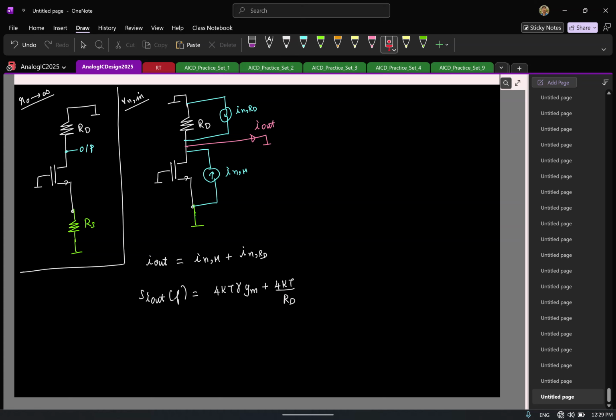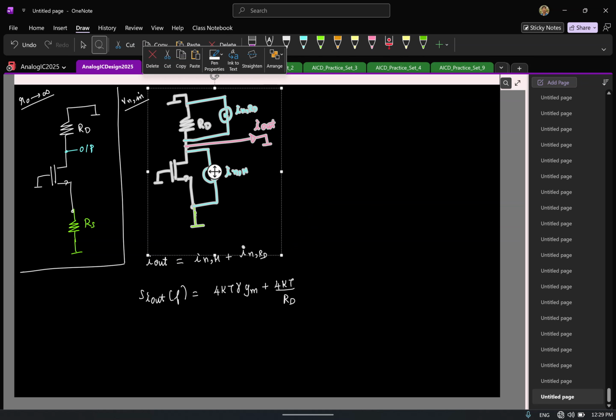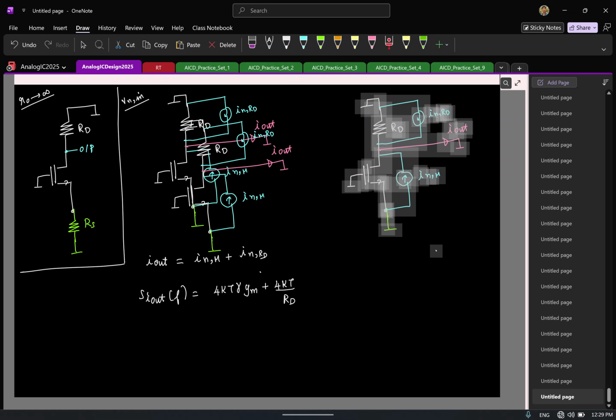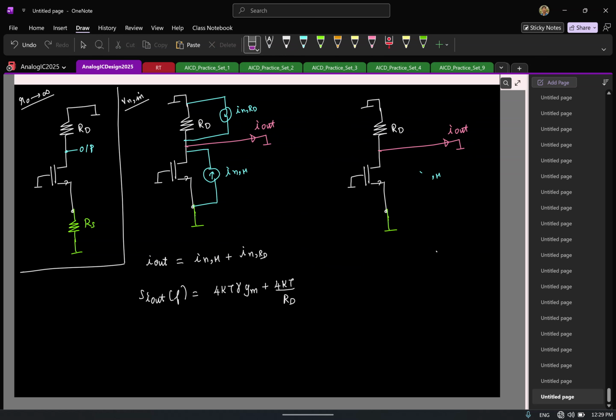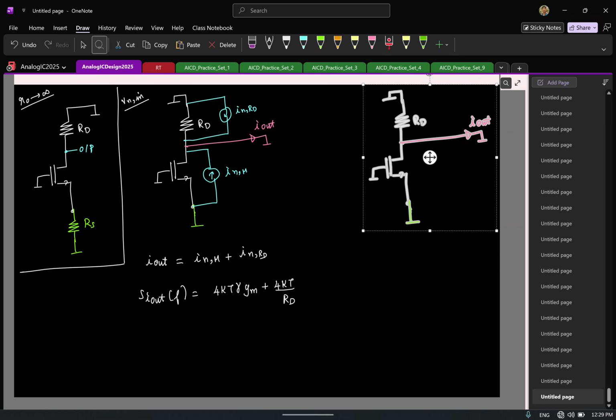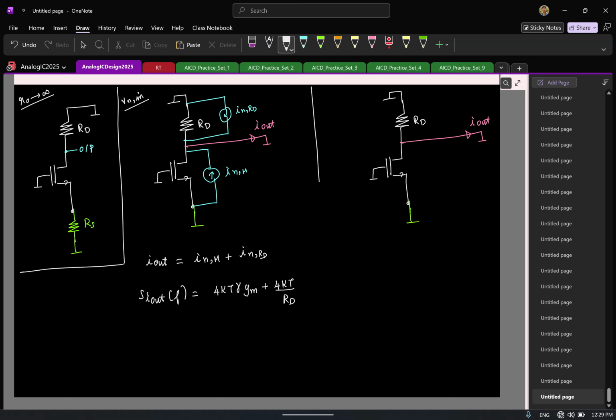Now I just have to find the gain from the input to the output. So let's do that. I don't have to consider the individual noise sources now, because we are going to model the noise using an input referred noise voltage and an input referred noise current.